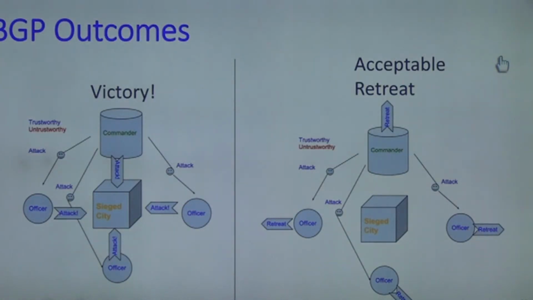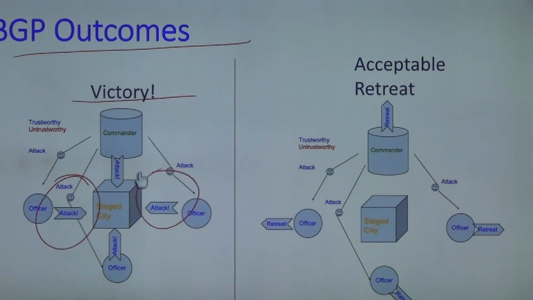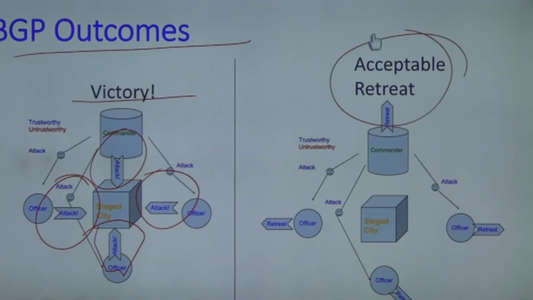So the Byzantine general problem outcomes have victory if everybody attacks, as the message is conveyed properly and at the same time everybody attacks, or an acceptable retreat without any losses, where everybody retreats.